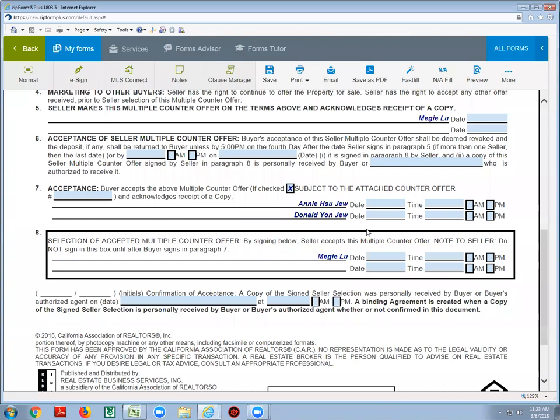So that means seller total has 4 days to sign paragraph number 8 to make it a binding agreement. To make a final decision and no more delay, because they try to prevent the seller from holding on to the multiple counter, delaying and trying to wait for a better offer coming in.